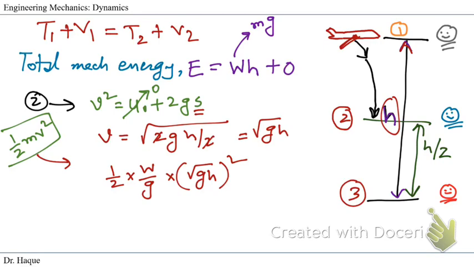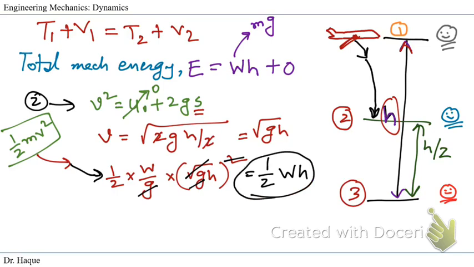If this square and square root cancel out, you can also cancel out this g, so we will be left with half wh, and this is our kinetic energy.